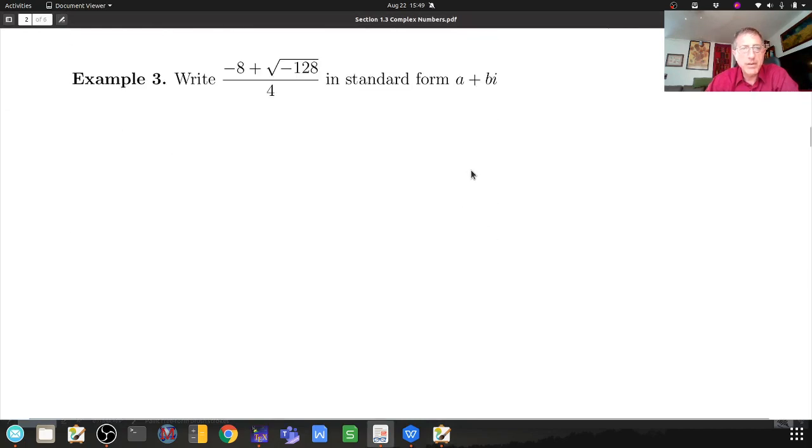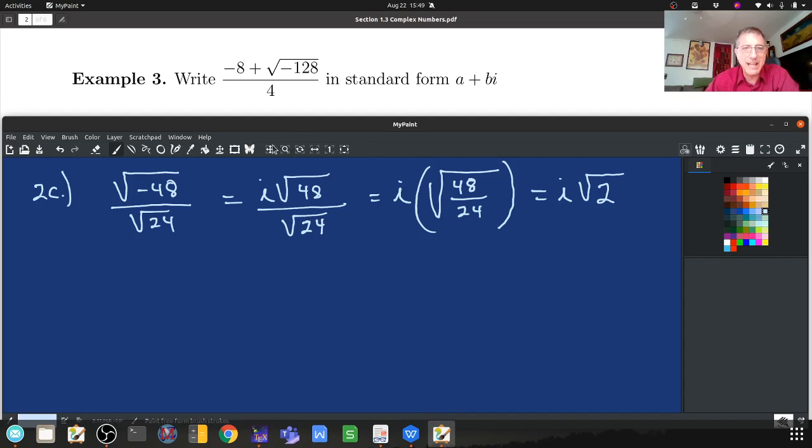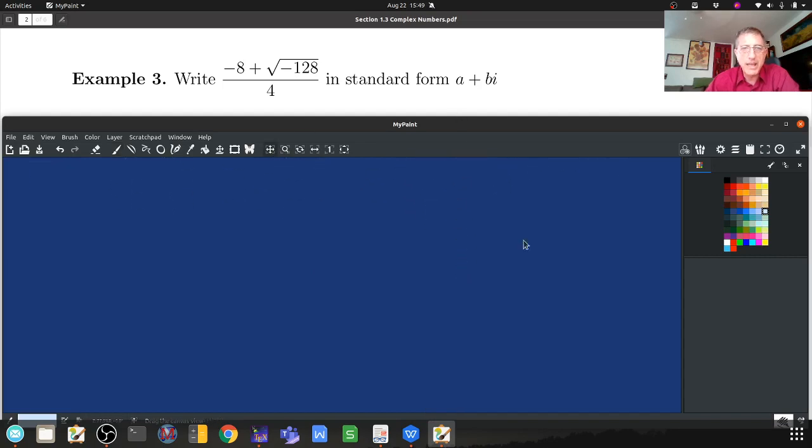So now for example 3, we want to write this in standard form, which is a plus bi. The first thing I'm going to do is remind you of the rule that (a plus b) divided by c is equal to a divided by c plus b divided by c. That rule is for real numbers, where a, b, and c are real numbers and c is not equal to 0.